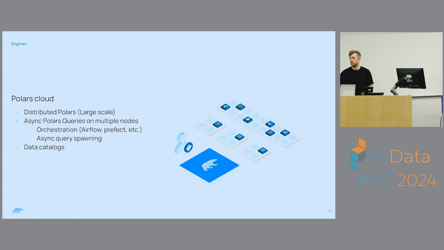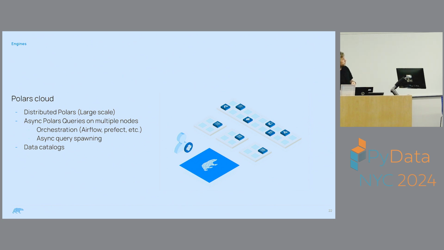So it's similar to async computing. And you could do this for thousands of queries. It will be very handy, for instance, in data orchestration, like Airflow and Prefect, where you have a very lightweight orchestration node that determines what should run, but you don't want that thing to be beefy, right? You don't want to do queries actually there, so you can dispatch that to a cluster.